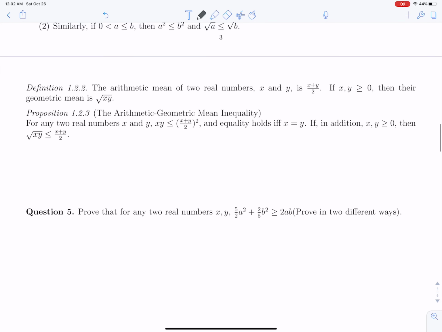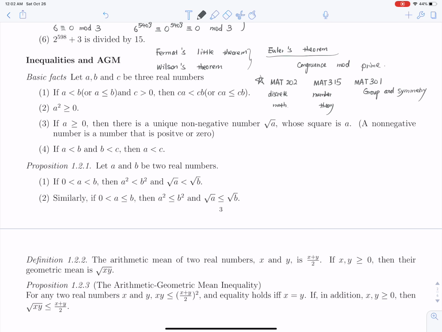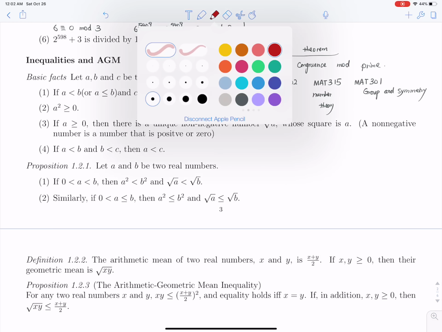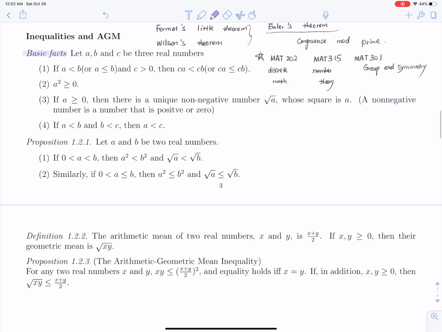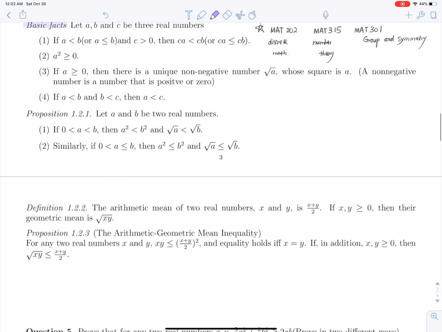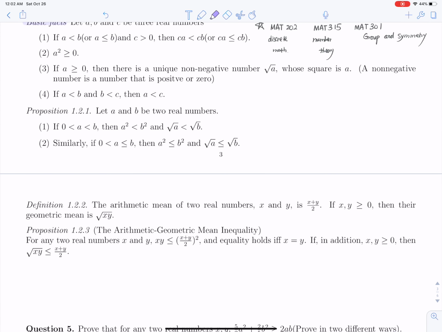So, start from the beginning. Basic facts. Those you have to know. I don't want to emphasize it too much, but you have to know those. Make sure you know them by heart because you're using them all the time. This proposition is quite important as well. Make sure you know them.